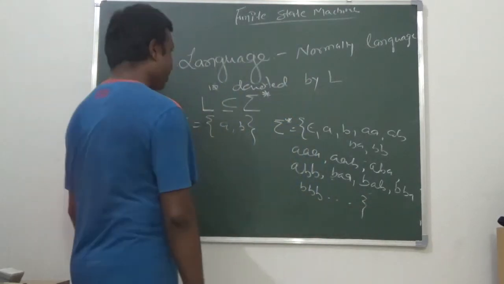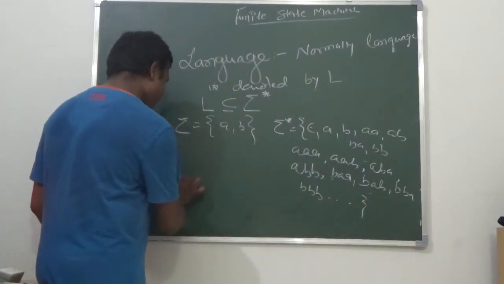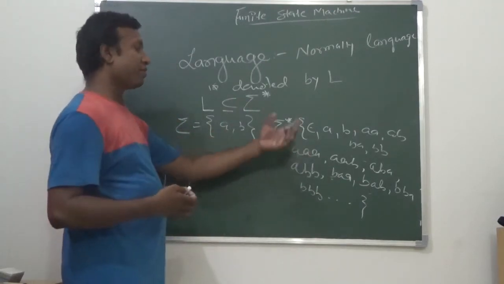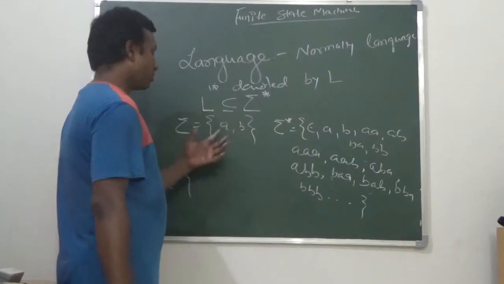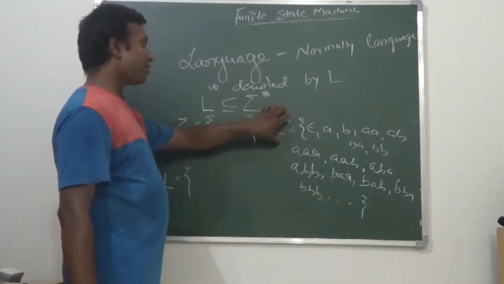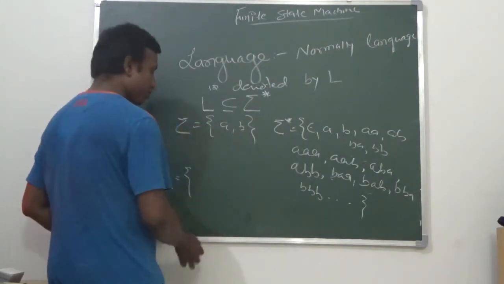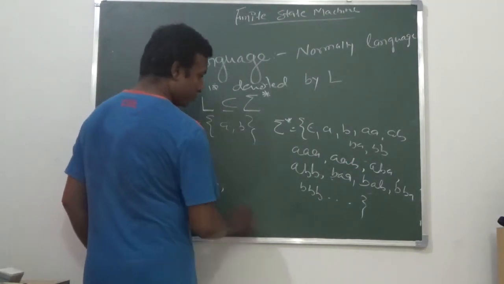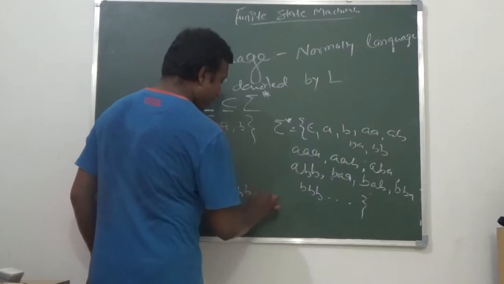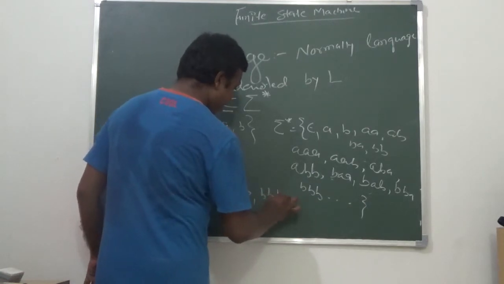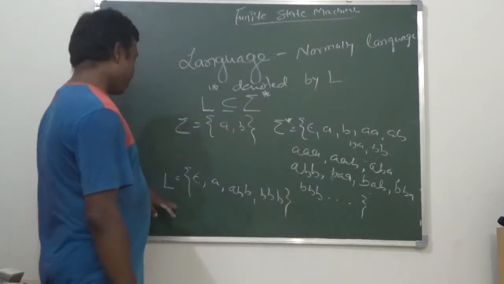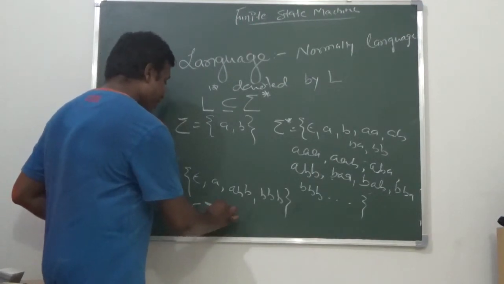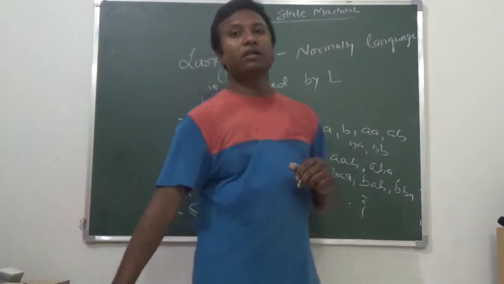So what I can say is language L is some subset of sigma star. So if we are choosing epsilon, A, ABB and BBB, obviously this L is nothing but a subset of sigma star, and L is a language.